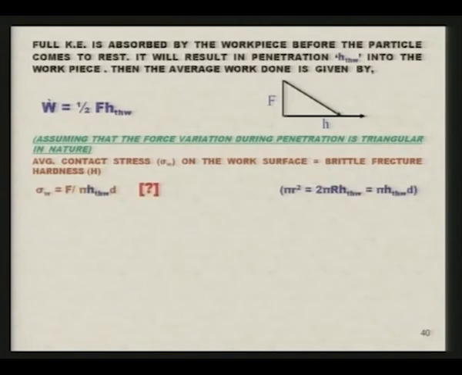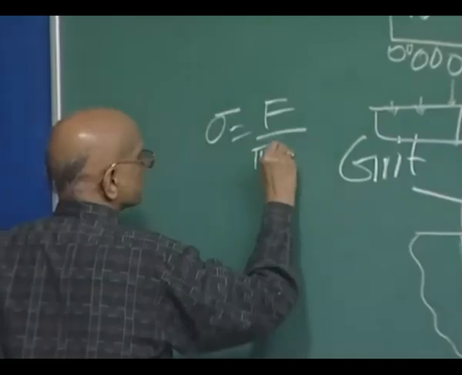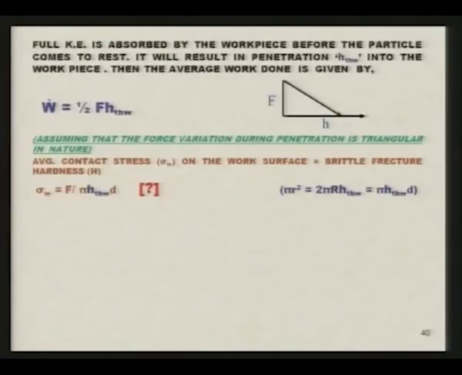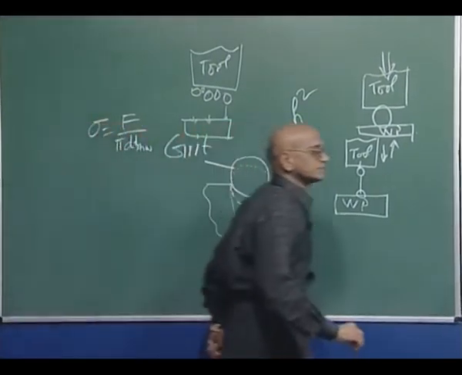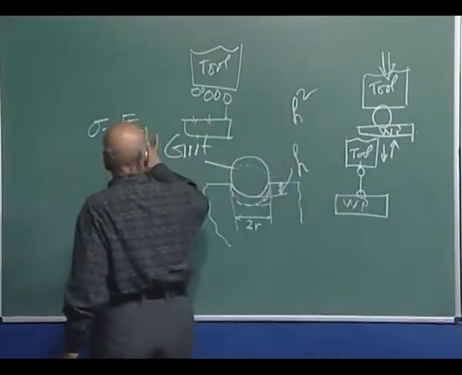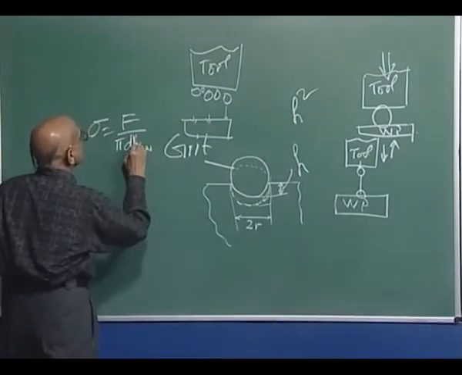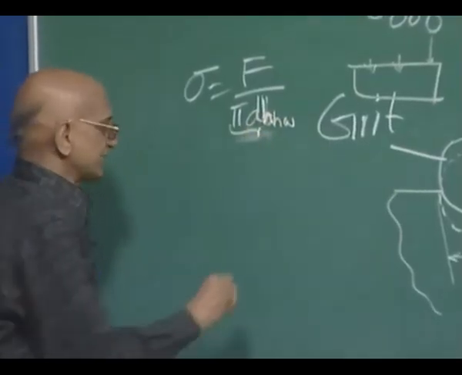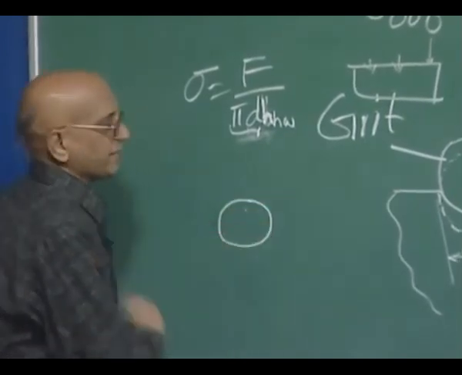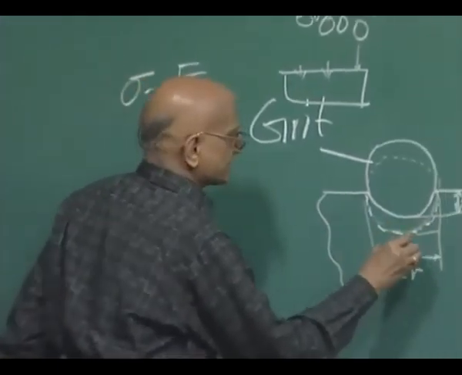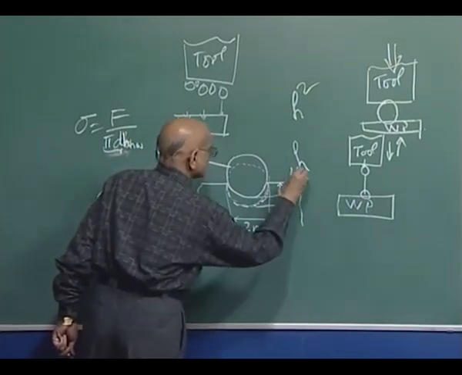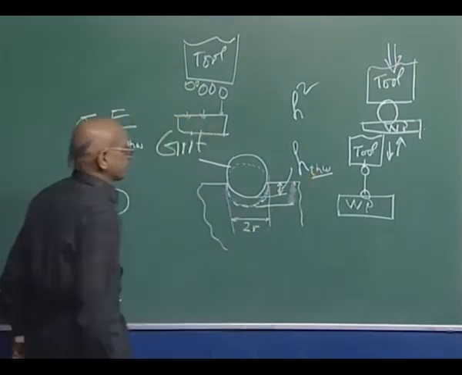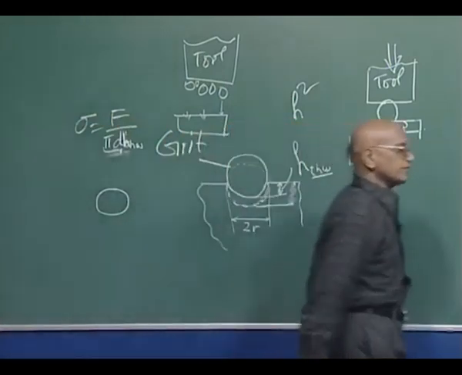With this assumption, sigma w is given by F divided by pi d h_thw. Here, pi d is the periphery of the hemispherical penetration that we are assuming, and this gives the area over which force F is acting.